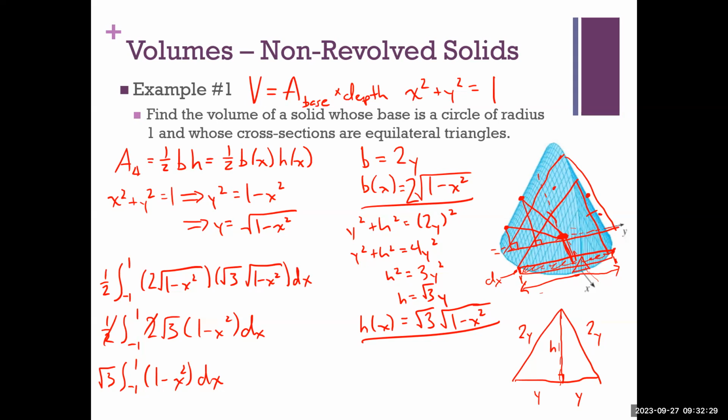If I can find the area of a base of this thing, and then I can multiply it by some depth, what's the thing in our integral that represents the depth? That is basically the dx. So all this stuff right here, including the 1/2, that is how you find the area of a triangle.